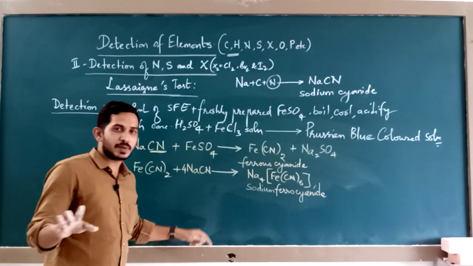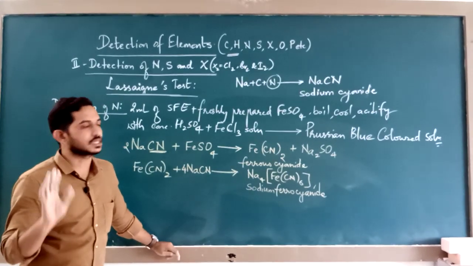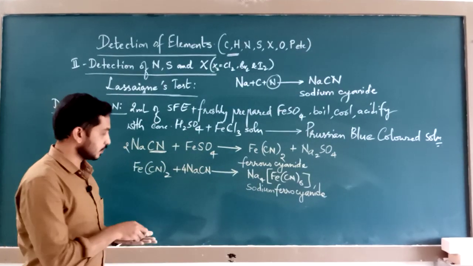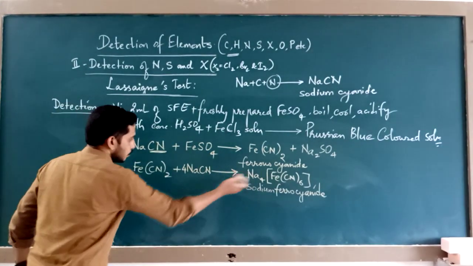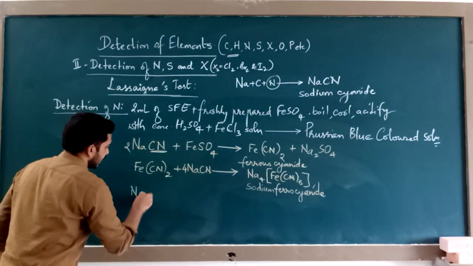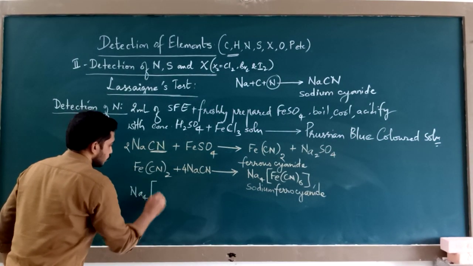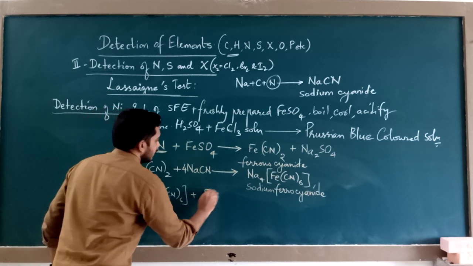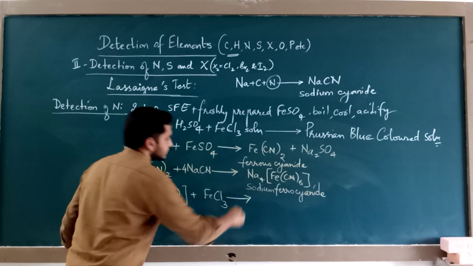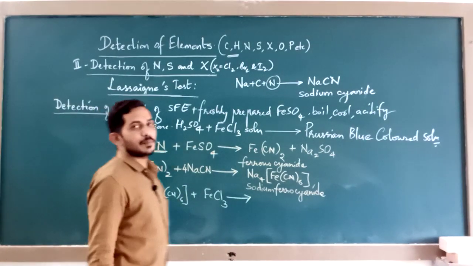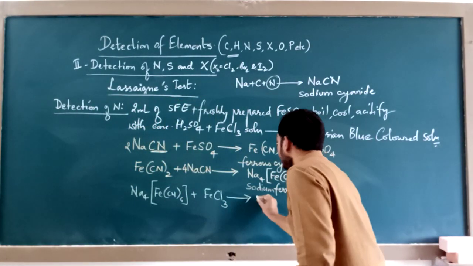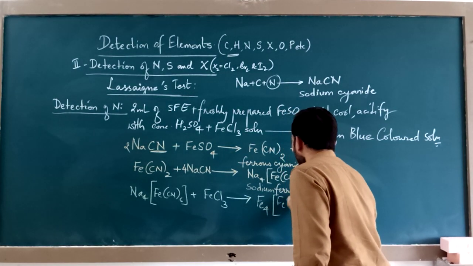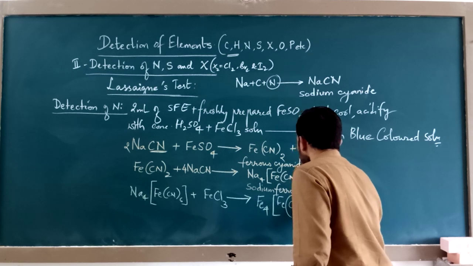Sulfuric acid does not take part in the exact reaction, it is for acidification. So after acidifying with sulfuric acid you will add ferric chloride to the sodium ferrocyanide. Upon addition of ferric chloride, what will happen? You will get Fe4[Fe(CN)6]3.